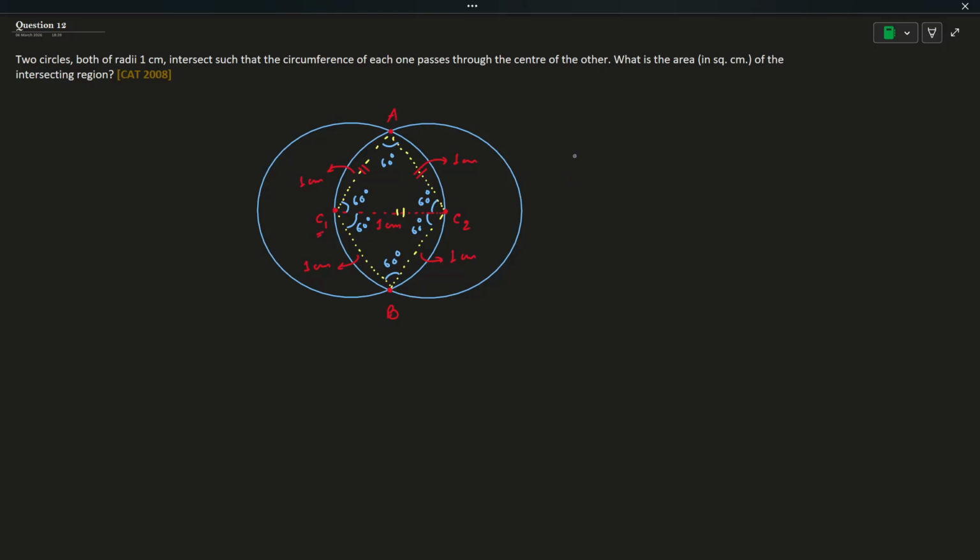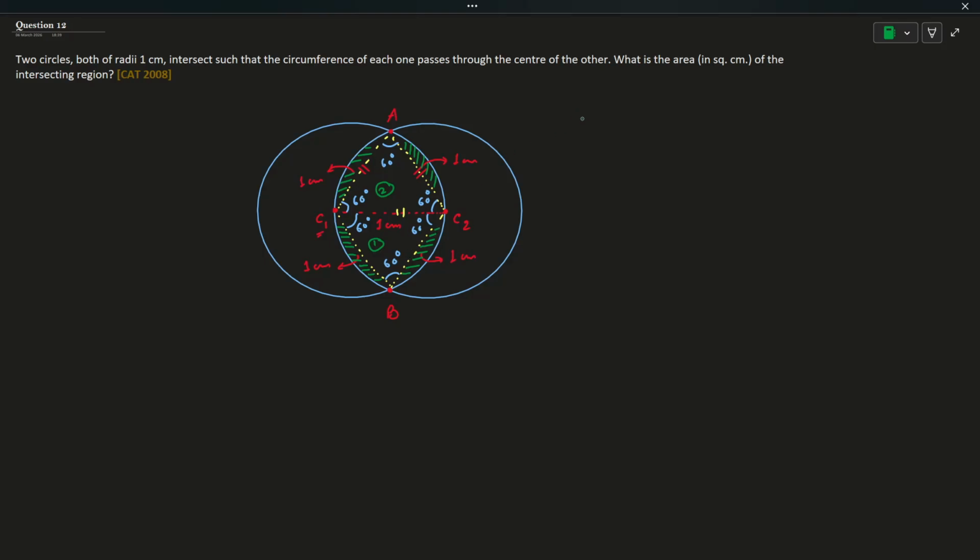So the area of the common region will be, see now guys, let's say this is region 1, this is region 2, and these are symmetrical, right? If I find the area of any one of these segments and then multiply by 4, I will get the total area, right?